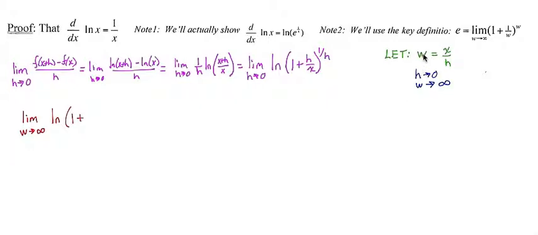So over here I'm going to replace h divided by x with 1 divided by w. And then the exponent 1 over h is going to be the same thing as w over x, right?